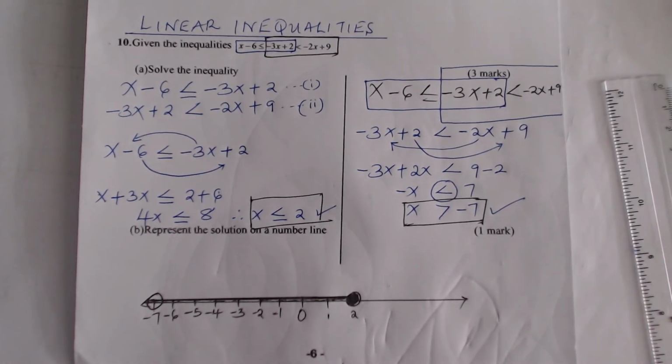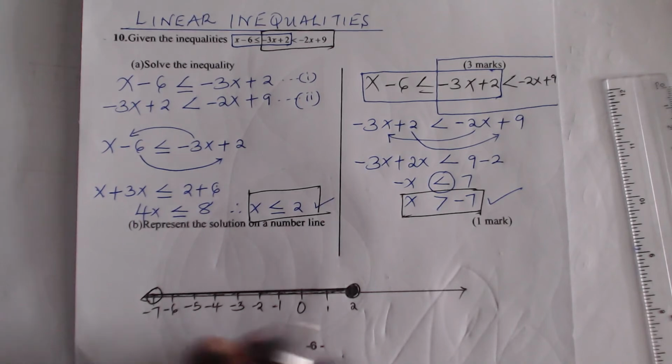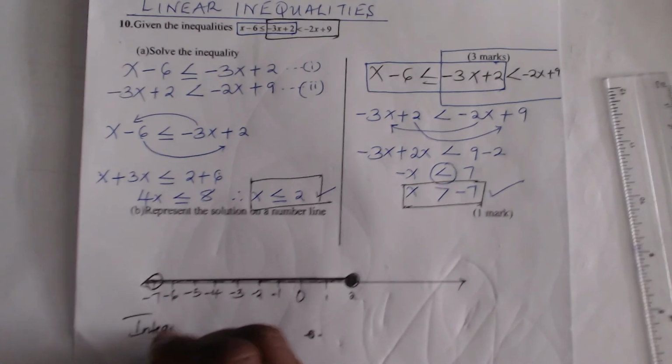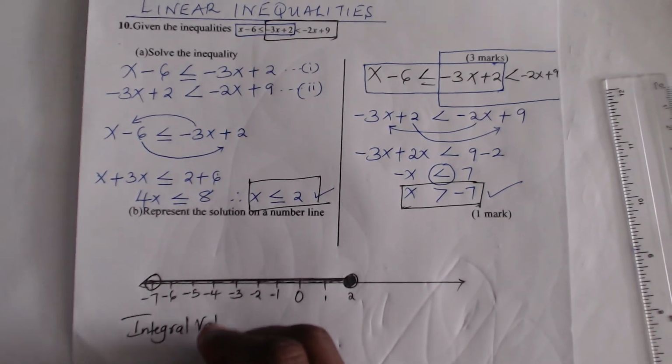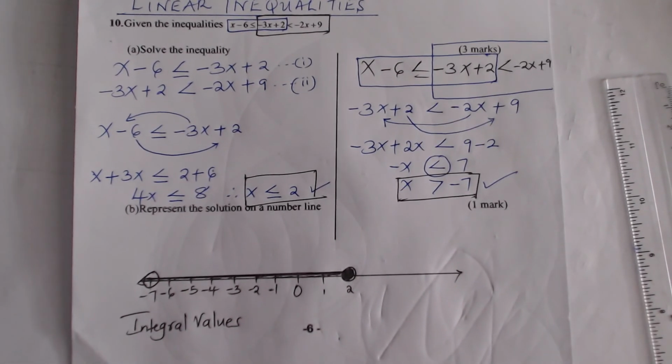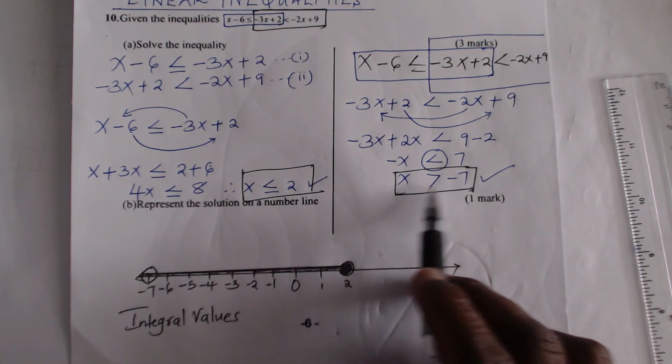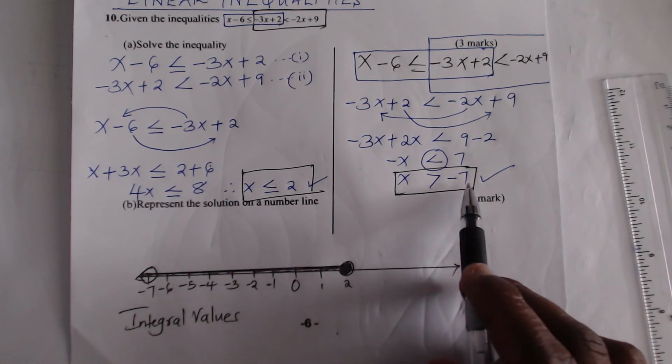So if you are supposed to list all the integral values that satisfy the inequality, they begin from -6. -7 is not part of the solution since x should be greater than -7.